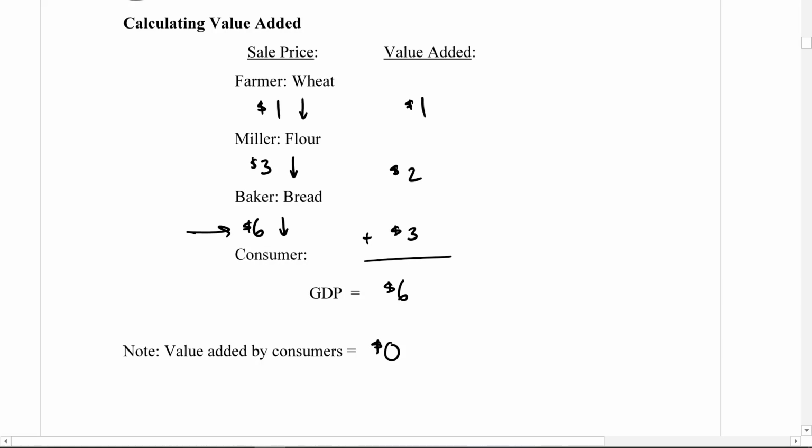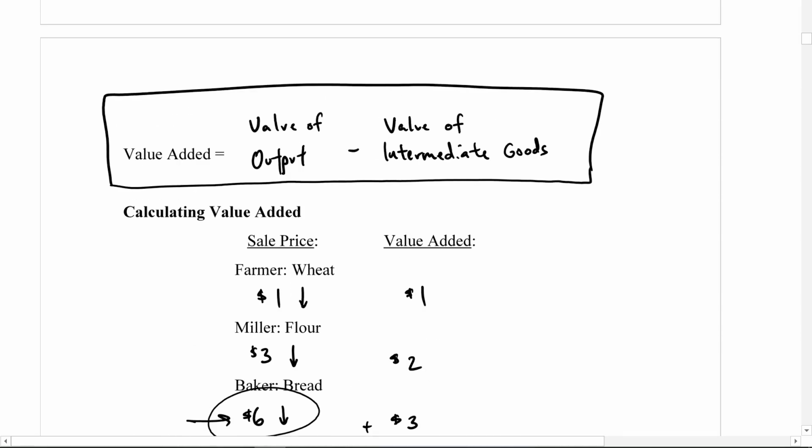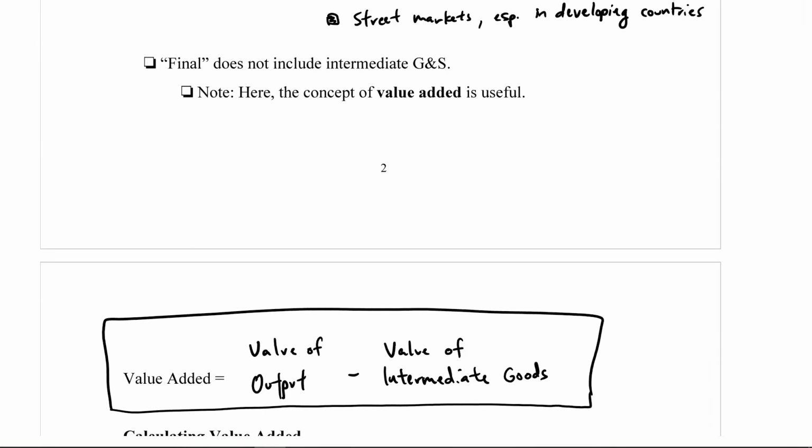So again, two ways there to see GDP being calculated: 1, through the final expenditure, as we talked about, and 2, through this new idea of value add. Okay, so again, it's important not to include the intermediate inputs in the GDP calculation, only the final good, right? And that comes back up to our definition: all final goods and services.